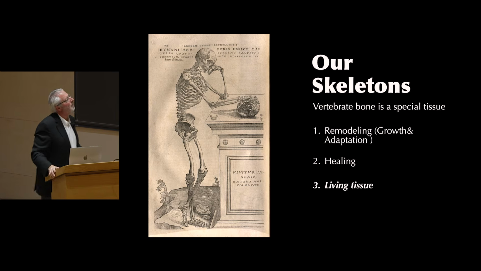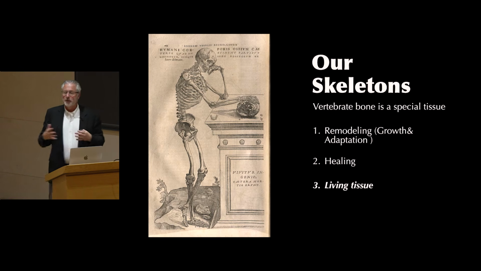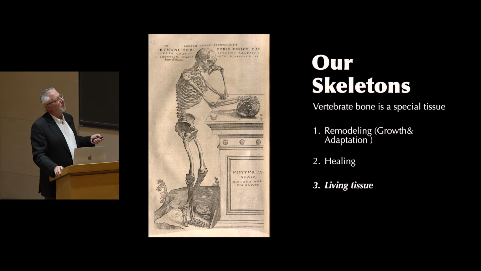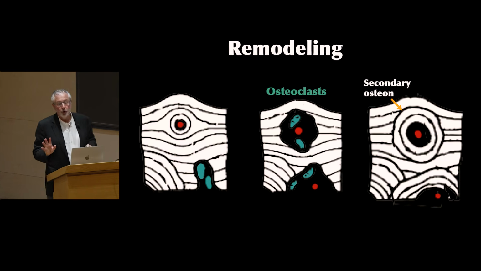Now what I want to do is, when we look at our skeletons, remember I opened with this as well, is think about bone as a special tissue, because it remodels, it heals, and the cells inside make it a living tissue, that it's dynamic. And part of that dynamism is really based on this remodeling, which I'll show with just a simple cartoon.